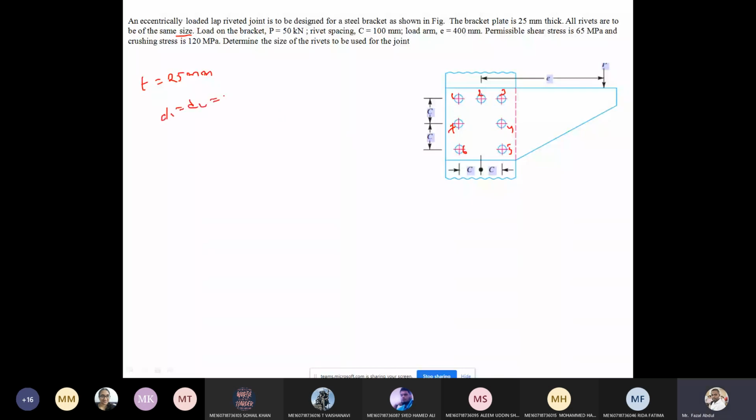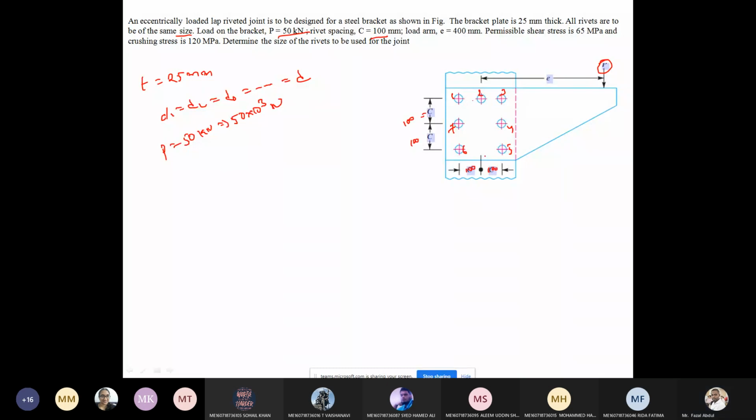D1 equal D2 equal D3 equal up to D. And the load applied here, P, is 50 kilonewtons, that is 50 into 10 to the power of 3 newtons. The C value is given as 100 mm. So this is 100, this is 100, and this is also 100.